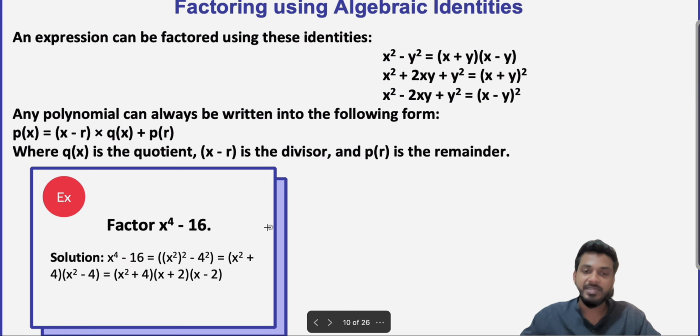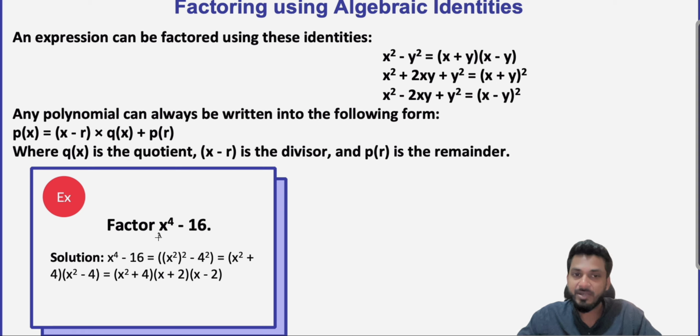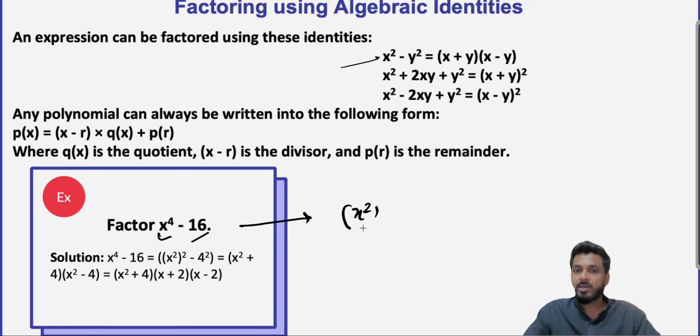For example, this is a simple one, factor x to the exponent 4 minus 16. This is a simple question based on this algebraic identity, the first one. So we can write x to the exponent 4 as x square whole square, minus 4 square, since 16 is 4 square.